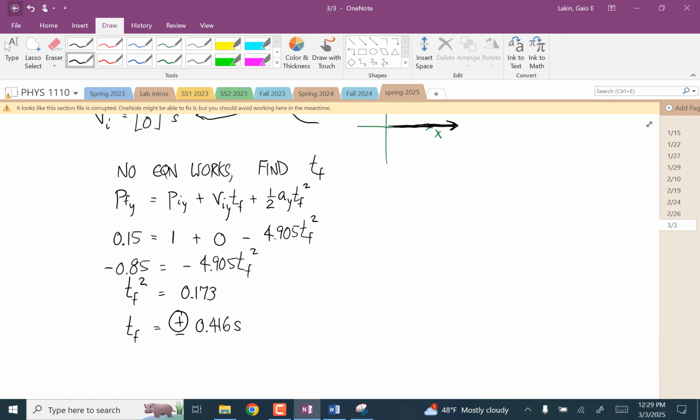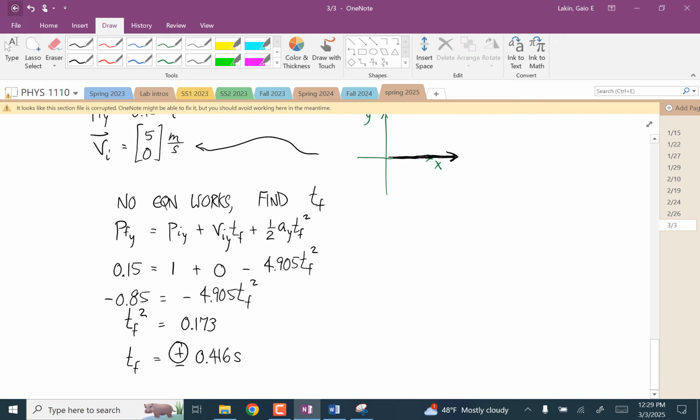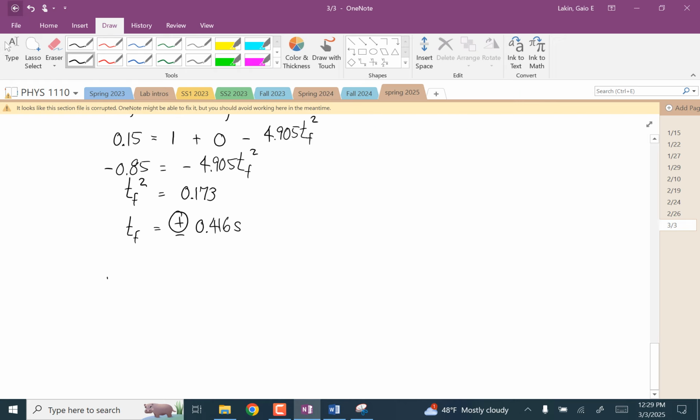So now that we have that TF, we have one more thing we can use to try to find PFX. And now we can use the equation PFX is equal to PIX plus VIX TF plus 1/2 AX TF squared. Remember that AX is equal to 0, so this goes away.